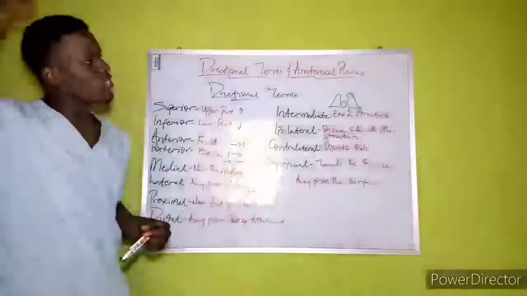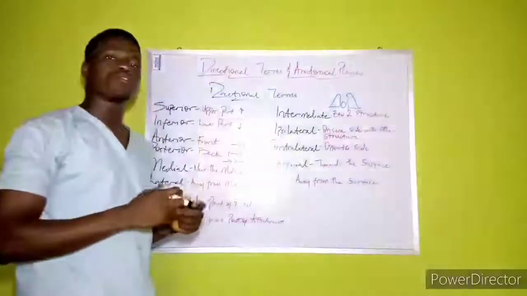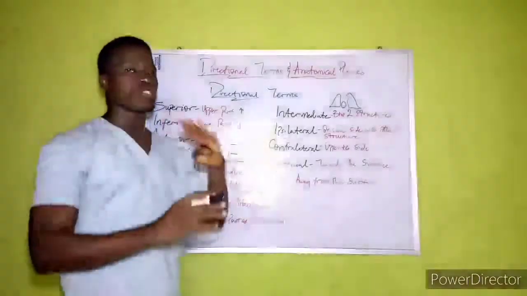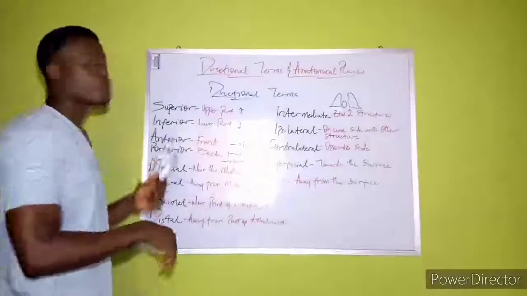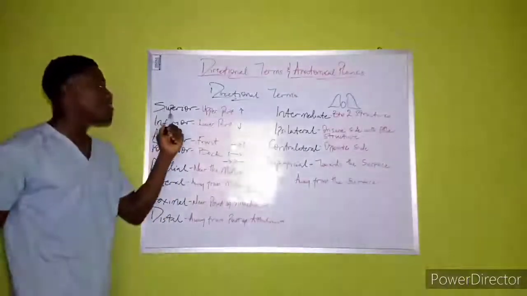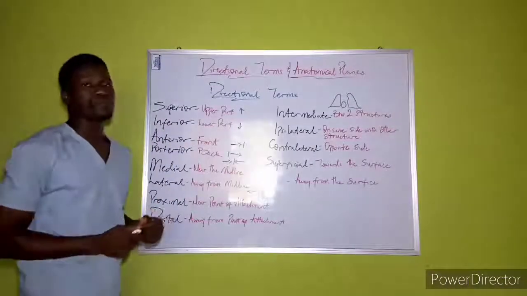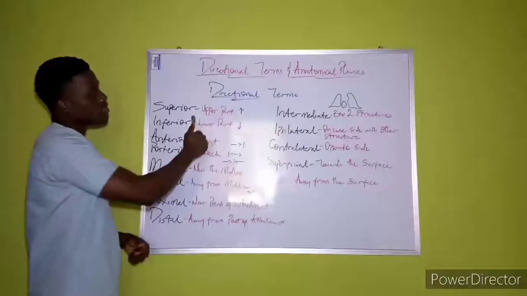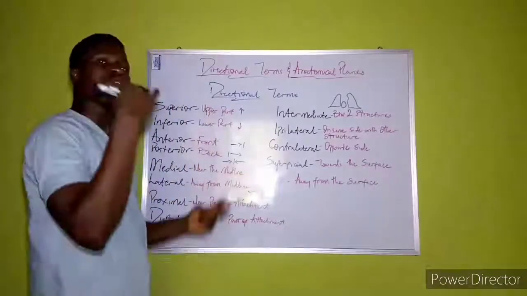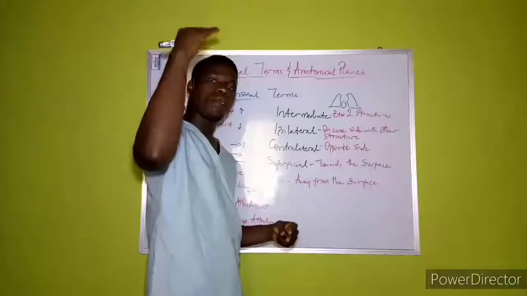Now, talking about directional terms, like I said earlier, they are terms used to describe the various body positions in anatomy and physiology. So the first directional term which we'll talk about is the superior. When we say something is superior, it simply means that it is on the upper part, or towards the head, towards the up of the body.